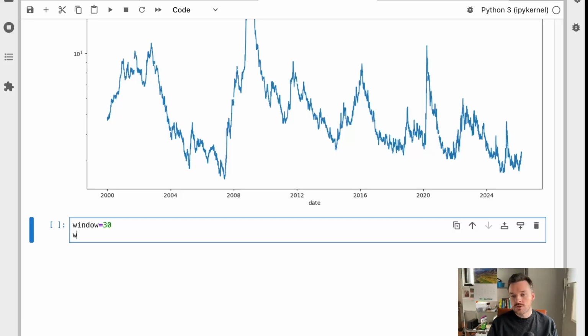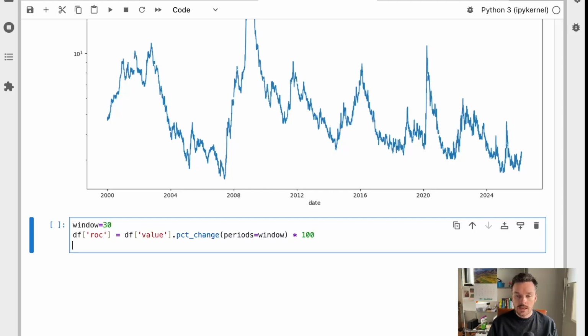We'll call this rate of change, and do a quick df value percent change, periods equal window, and then multiply it by 100 to get an actual percent as opposed to a decimal. And then let's graph this as well.